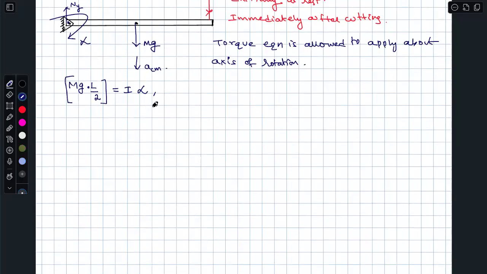Tau is I alpha. And mg L by 2 equals moment of inertia, which is mL square by 3, times alpha. So cancel m, cancel L. So alpha is 3g by 2L.